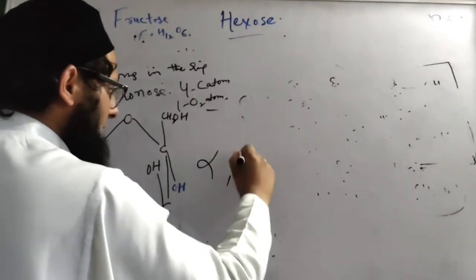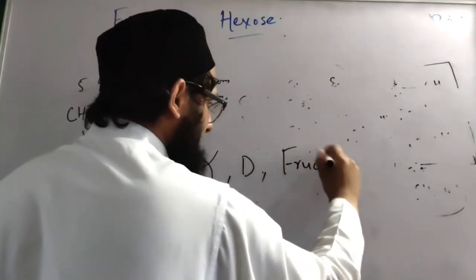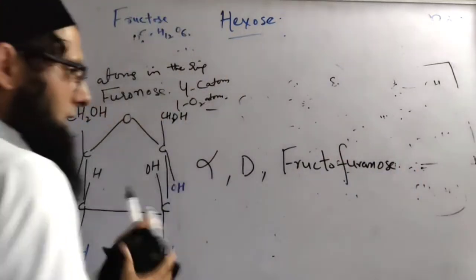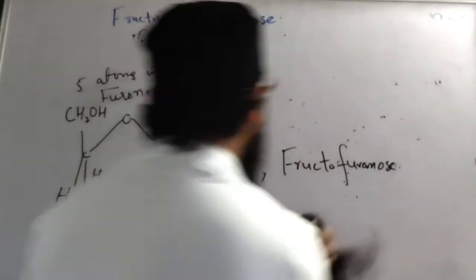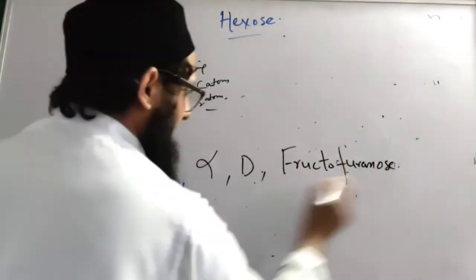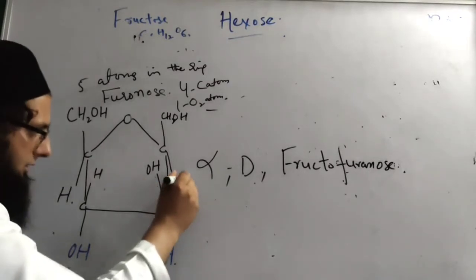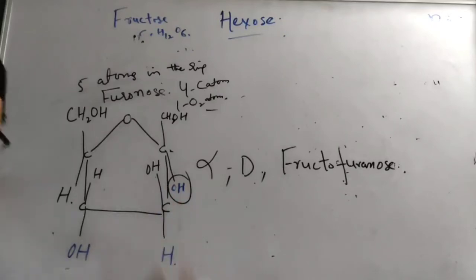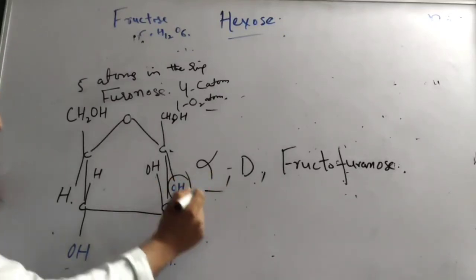It is called alpha D fructofuranose. Why alpha? Because this OH at carbon number 2 is on the lower side, facing downwards. That's why it's alpha.